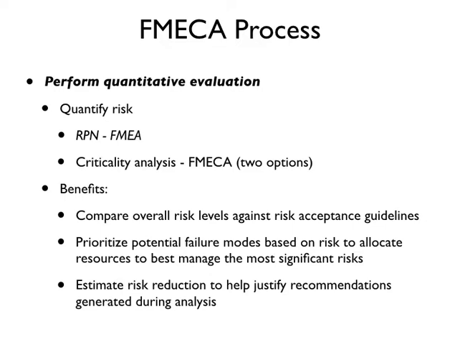The key difference in terms of quantifying risk between the two methods is that FMEAs use what's called an RPN, or a risk priority number, and FMECAs use a criticality analysis. And the criticality analysis can either be done qualitatively or quantitatively, which I'll mention here in just a second.